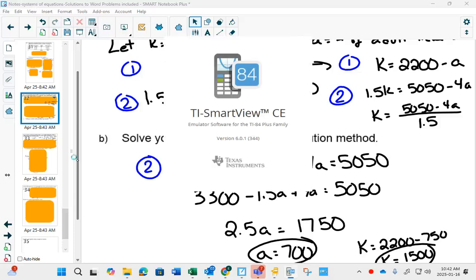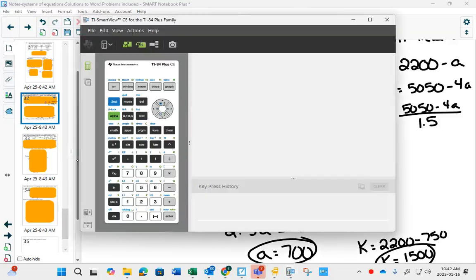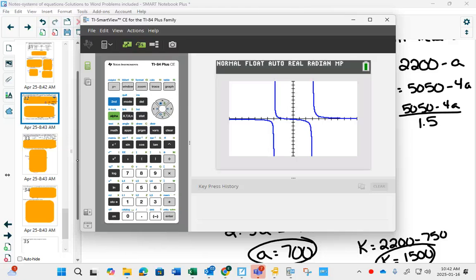Now your graphing calculator is set up for y's and x's, but if your letters are different, I'm just going to make my K the y and my A the x.